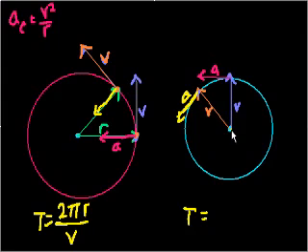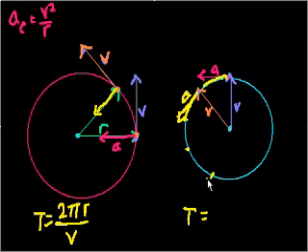And now we're going to say the time is going to be the change in velocity, right? Here in this circle, this is the change in distance, but it's the change in velocity. So here we had this much change in velocity. I know this might be a little bit non-intuitive. Then we have a little bit more change in velocity, a little bit more change in velocity, a little bit more change in velocity. So the total change in velocity is the circumference of this circle.